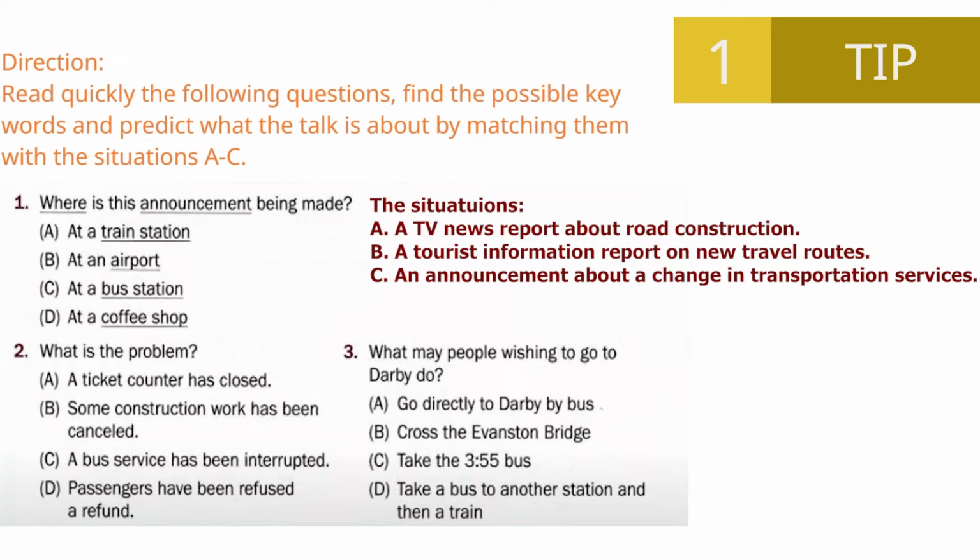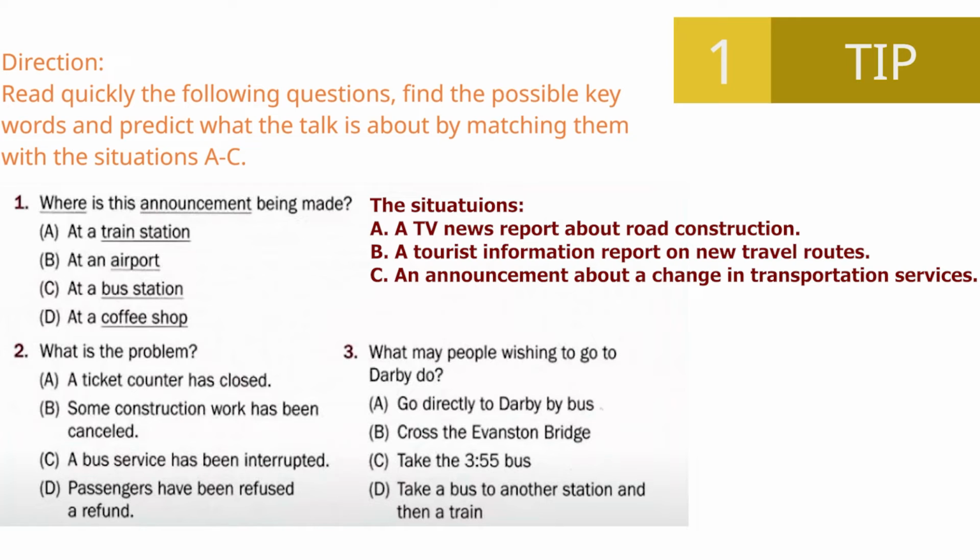Unit 4, A. Focus. 2. Test tactic B. Questions 1 through 3 refer to the following announcement. Attention all passengers waiting for the 3:55 bus to the town of Derby. We have just been informed that due to road work on the Evanston Bridge, this service to Derby has been cancelled. For ticket holders who wish to continue to Derby today, we are arranging a shuttle bus to take you as far as Dalesville train station, where you may continue your journey by rail. For these passengers, we will shortly be serving complimentary tea and coffee while you wait for the shuttle to arrive.